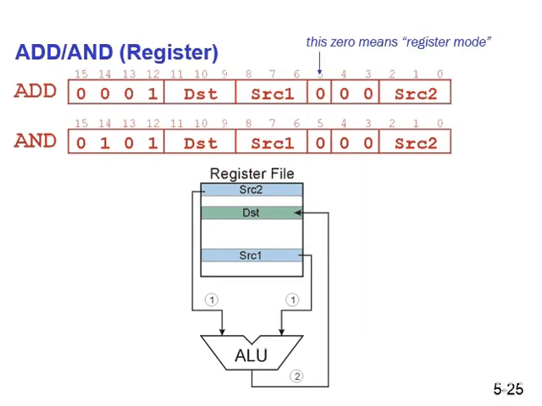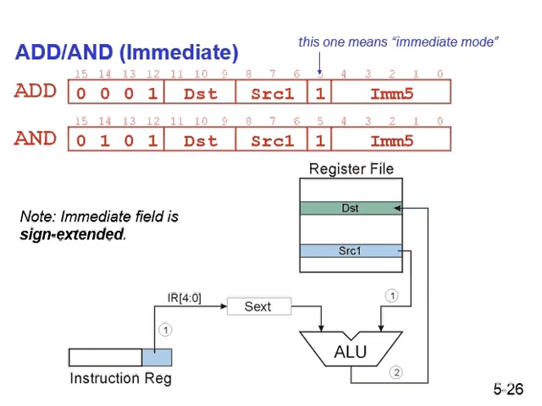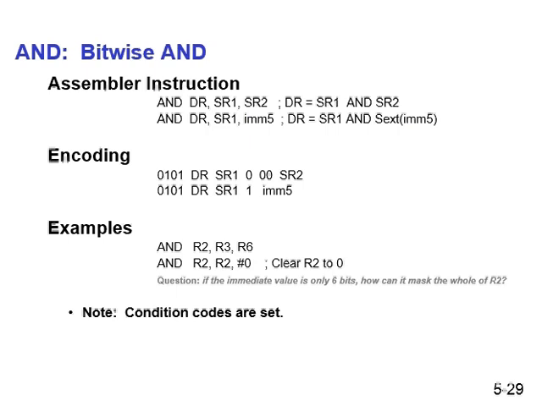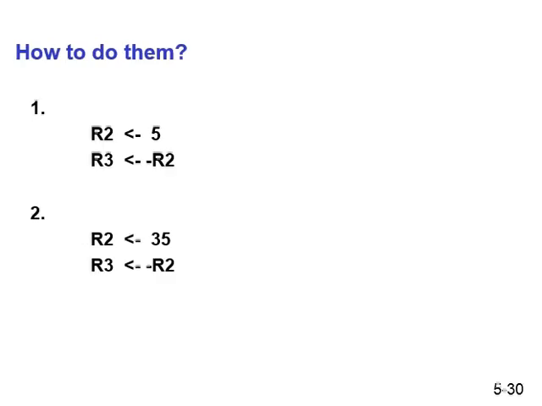With ADD and AND, when we find 0, that means we use register mode, and when we find 1, that means we use an immediate value. And now how do we do them? So over here, you can take out graph paper and give me the solution, send it via learning.